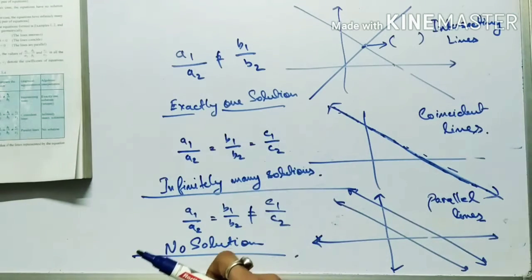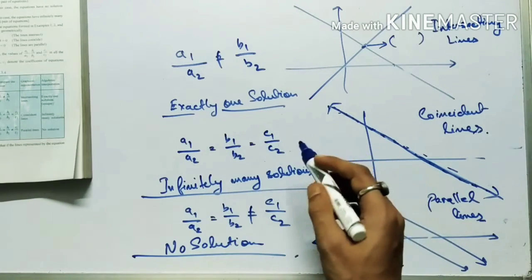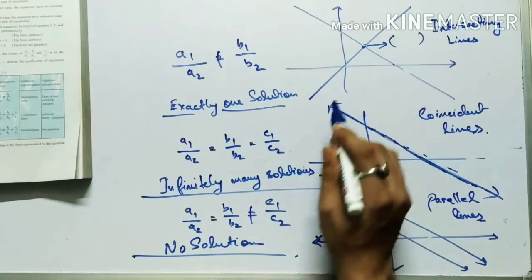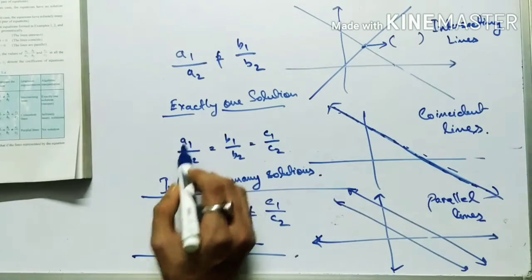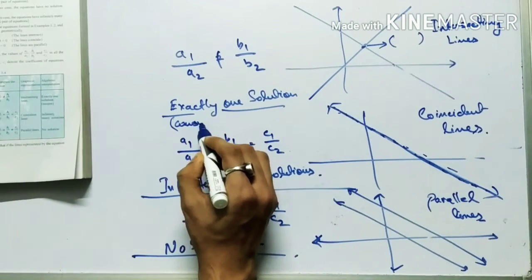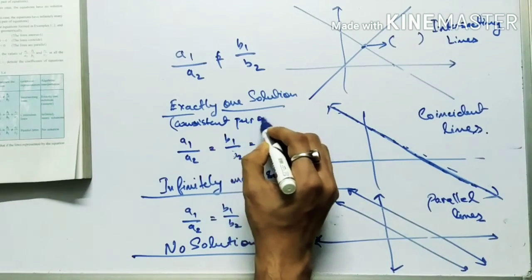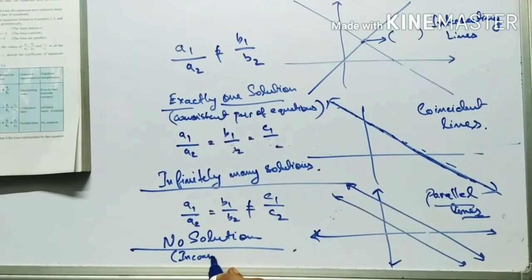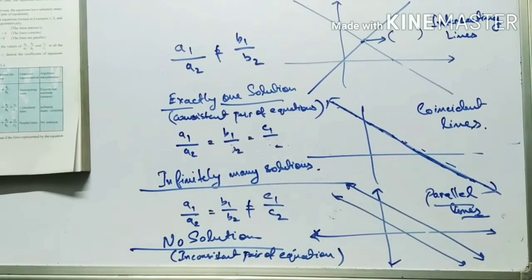Then I will say that the pair of linear equations is a consistent pair of equations. Next, if the lines are parallel, then I will say that they are an inconsistent pair of equations.